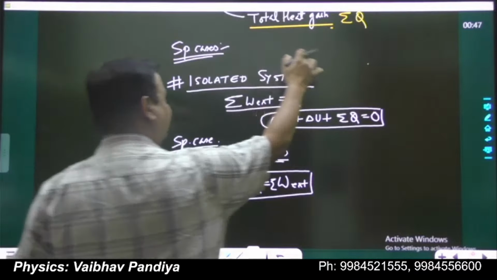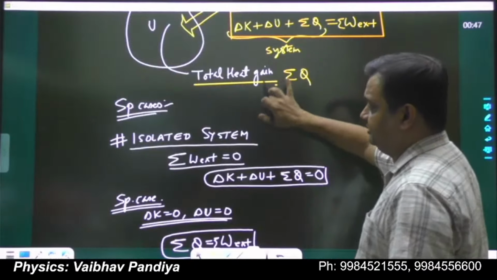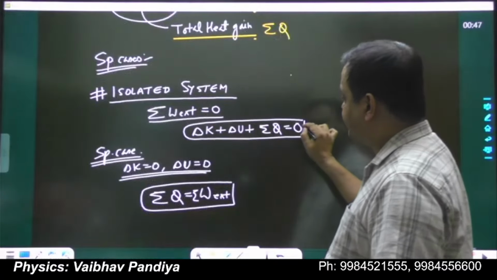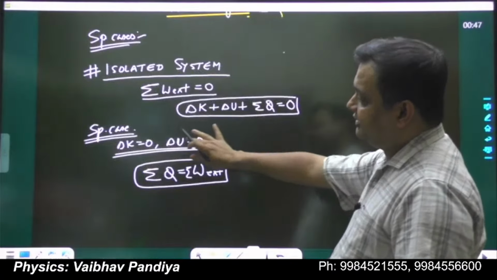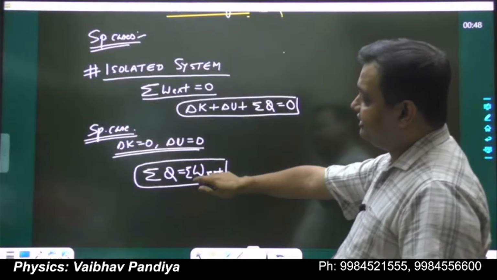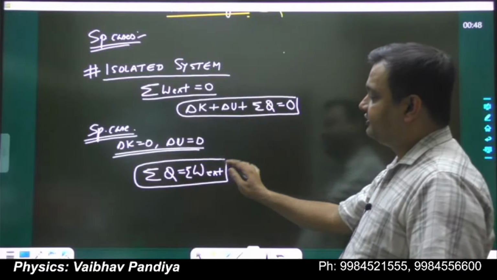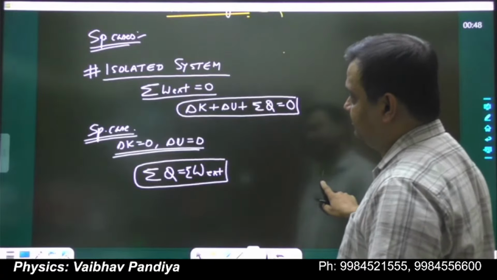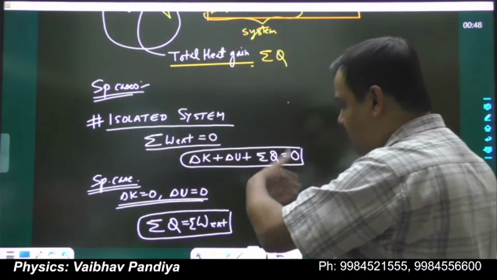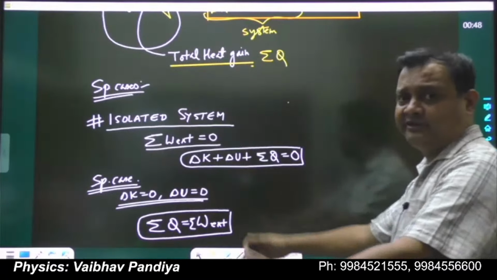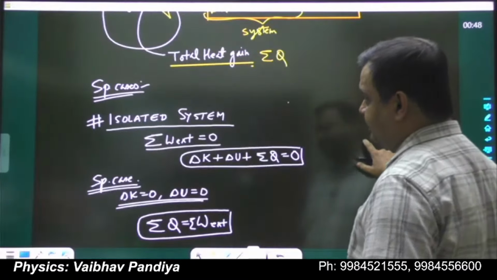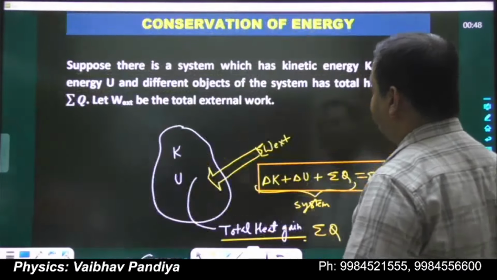These are simply the special cases of this generalized equation. If the system is isolated, the external work will be 0. If there is no change in the kinetic energy and potential energy, then LHS will have simply the net heat gain and RHS will have the total work done. Okay. As we will be doing the problems, this equation's application will become more clear. Okay. Let's see some of the problems.